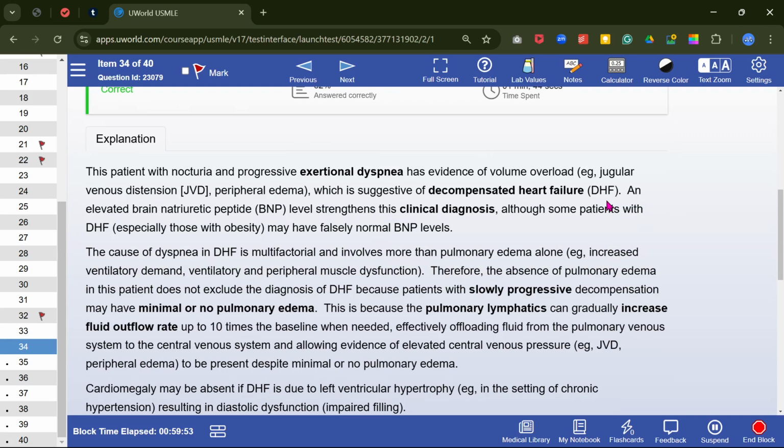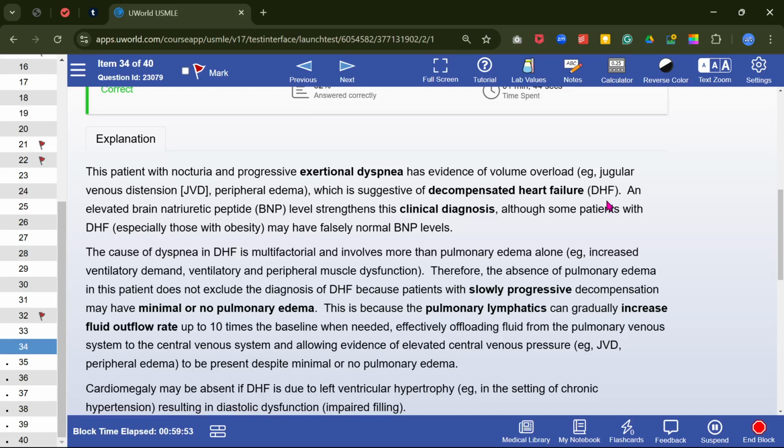Therefore, the absence of pulmonary edema does not exclude the diagnosis of decompensated heart failure, because patients with slowly progressive decompensation may have minimal or no pulmonary edema.